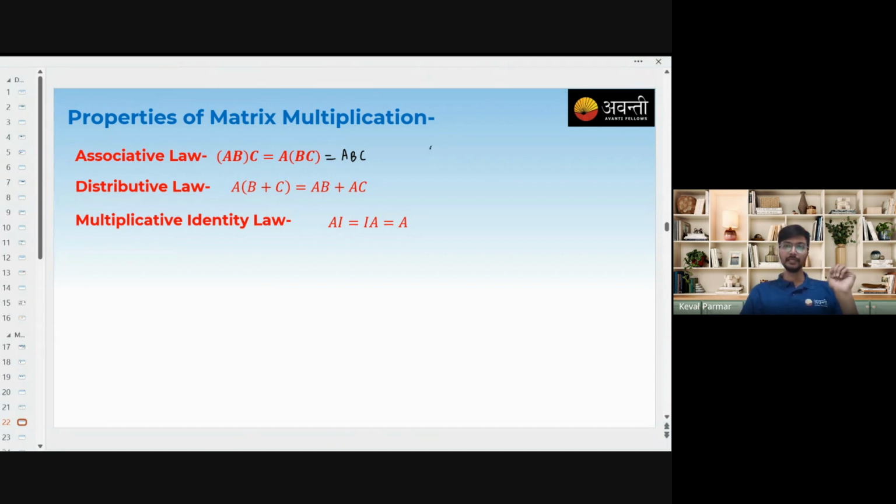If I want to multiply 2 into 3 into 5, it is as good as first multiplying 2 into 3 and then multiplying 5. That means 3 2s are 6, 5s are 30. Similarly here, first multiply AB or multiply BC.